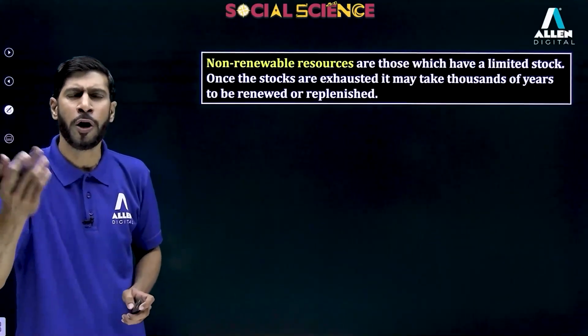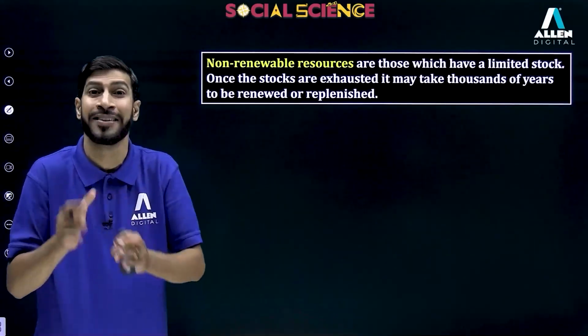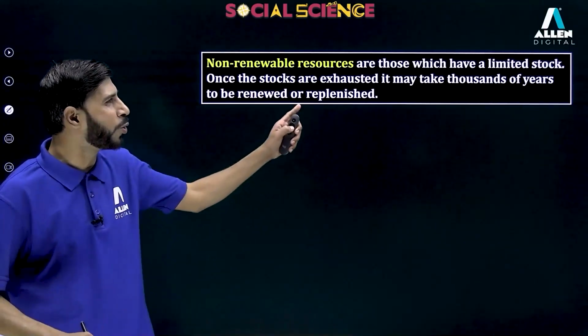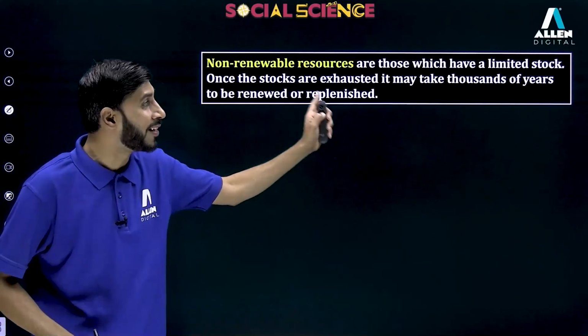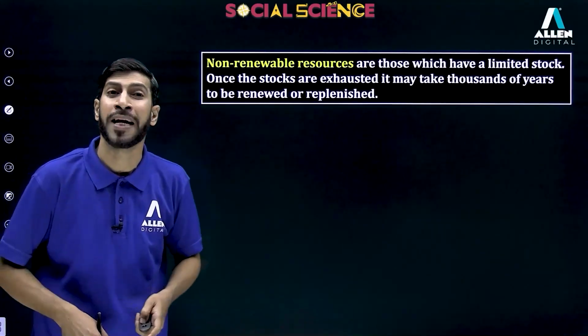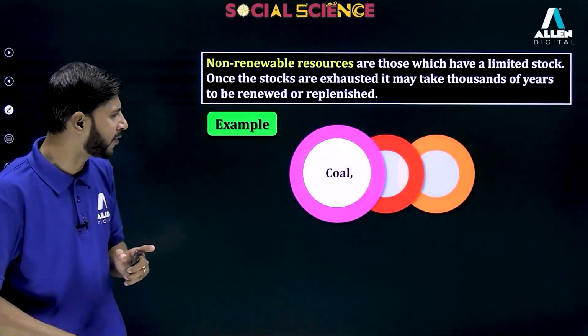Next we have non-renewable resources. Non-renewable resources cannot be used again and again, they get exhausted, and that is why we need to use them in a proper way. Non-renewable resources are those which have a limited stock. Once the stock is exhausted, it may take thousands or millions of years to be renewed or replenished. So that's why we need to use them in a proper way. We have a lot of examples here.